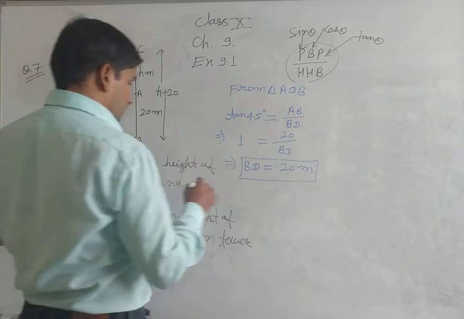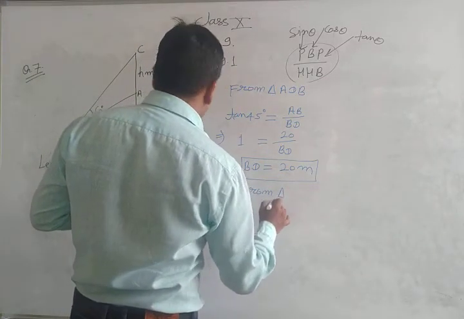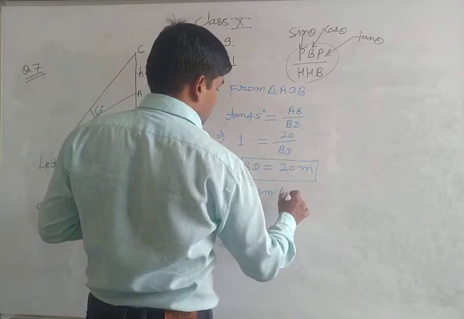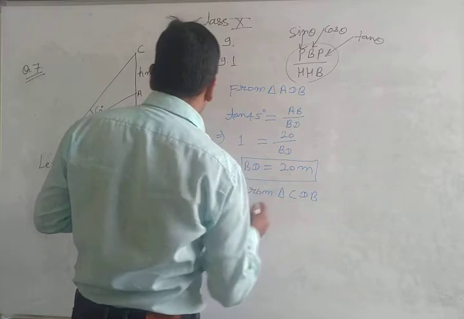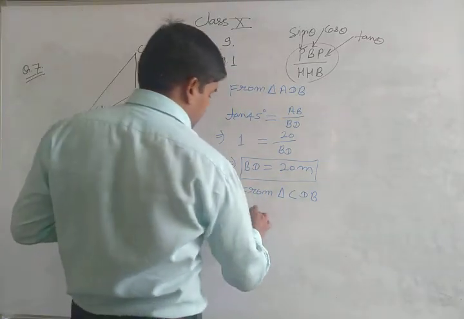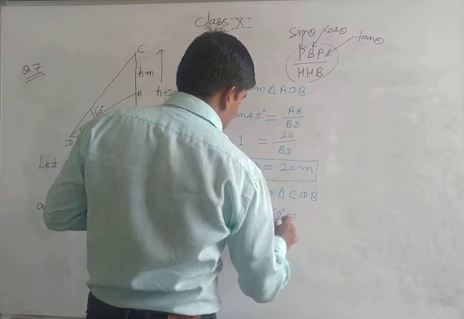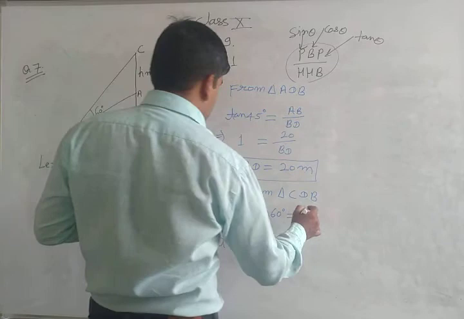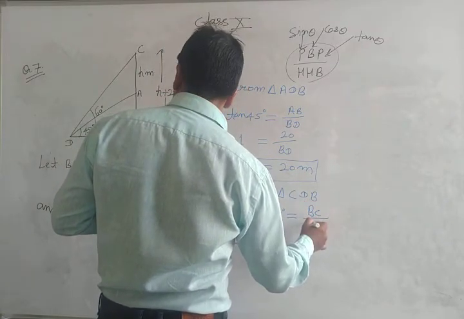Now we solve from triangle CDB. Tan 60 degree equals BC upon BD.